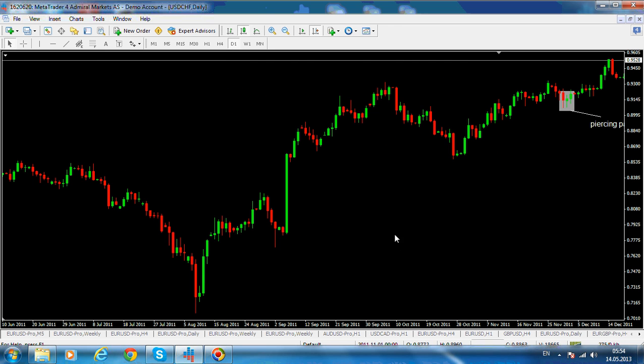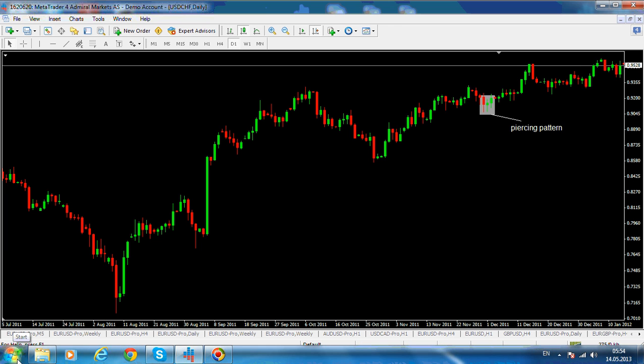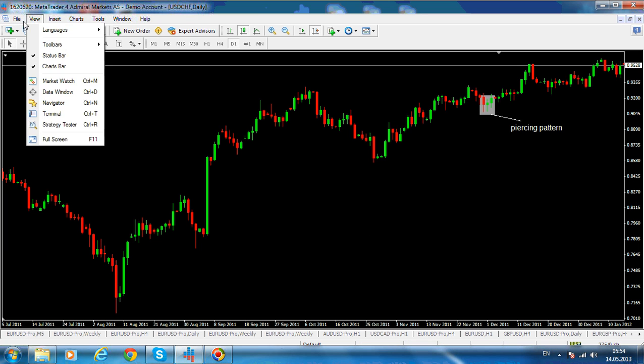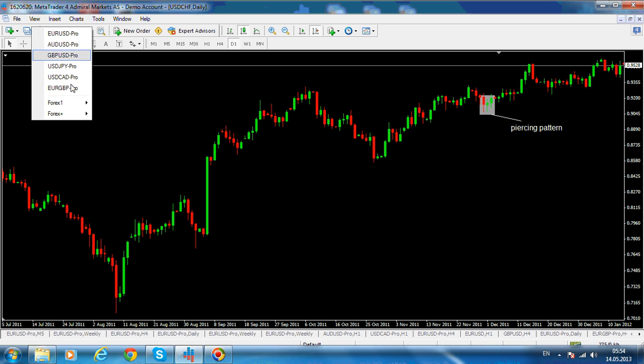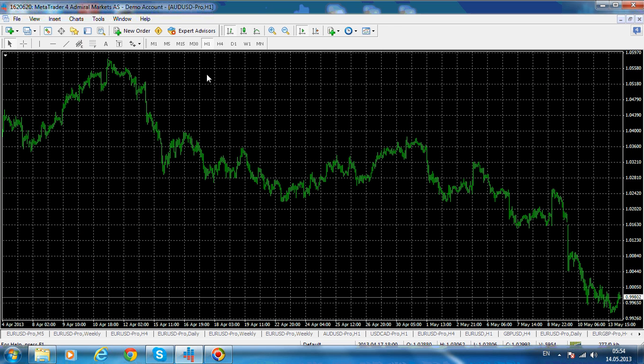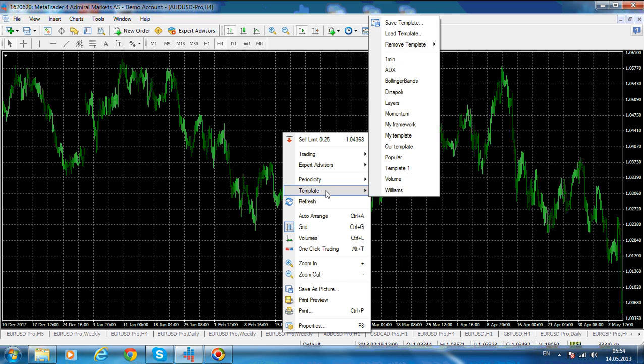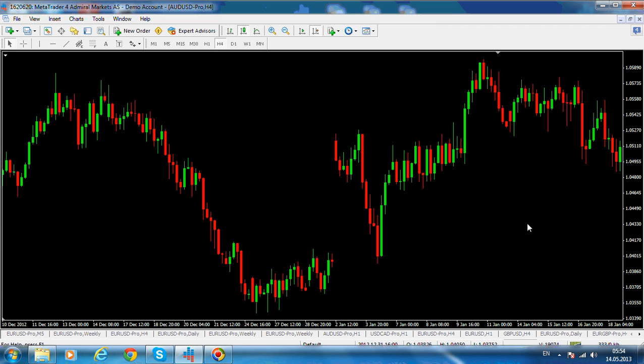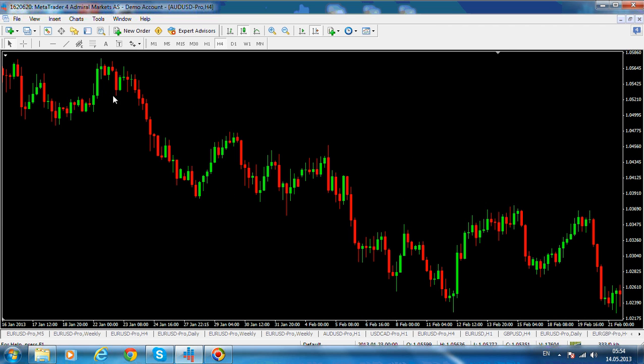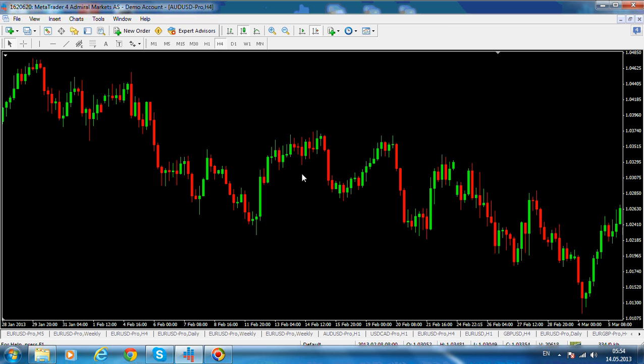Now, for the purpose of our analysis, let's open a new chart, file, new chart, and take a look at Australian dollar, US dollar, for example, on the 4-hour chart, our template, and remember we are looking for a move to the downside. This is a bullish engulfing, so this is not a piercing pattern.